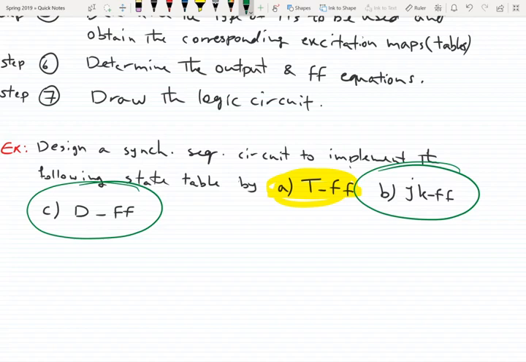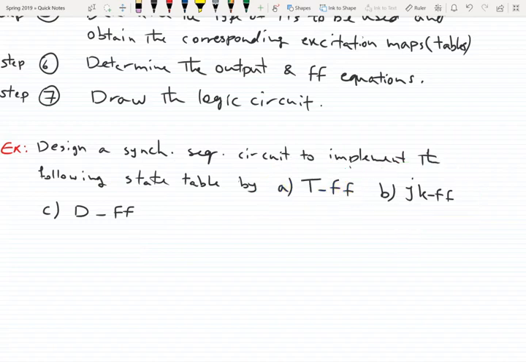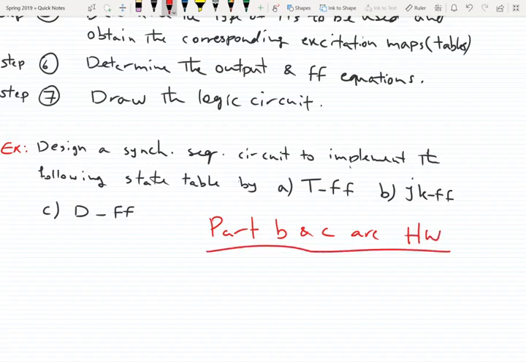So I will do part A, and you do part B and part C, and submit it on Sakai by next week. Parts B and C are homework, due next Tuesday.